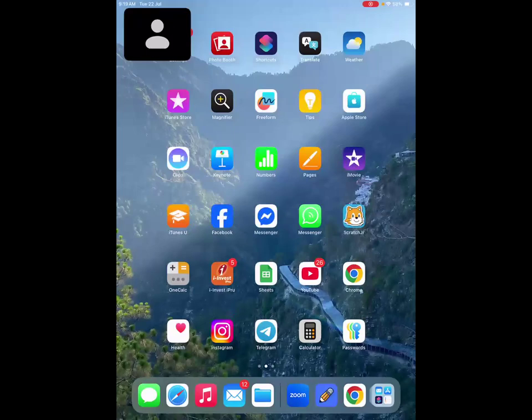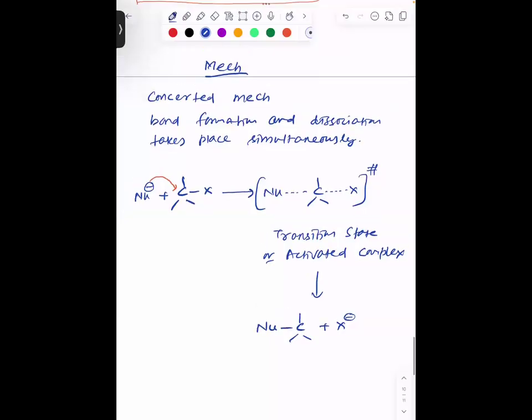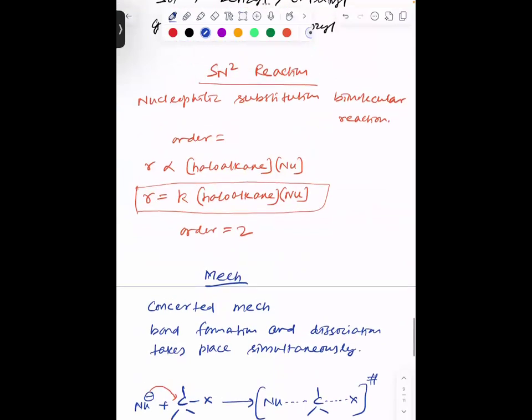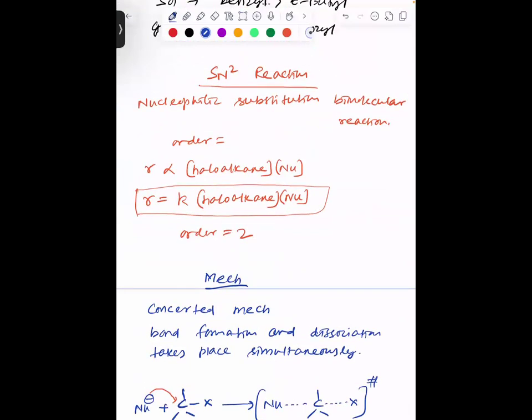So in the first half, we have discussed the SN2 reaction, and the general representation of SN2 reaction is this, order equal to 2. So rate of the reaction is proportional to the concentration of haloalkane and nucleophile.